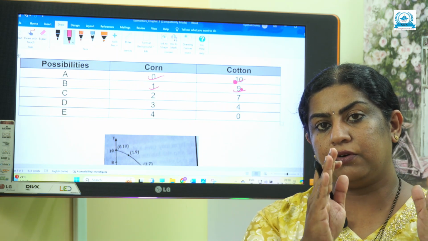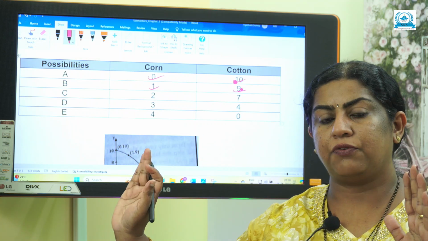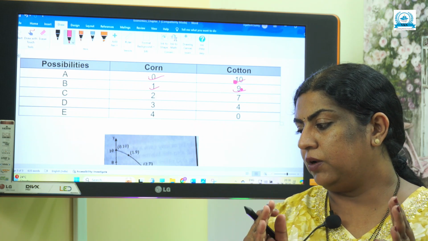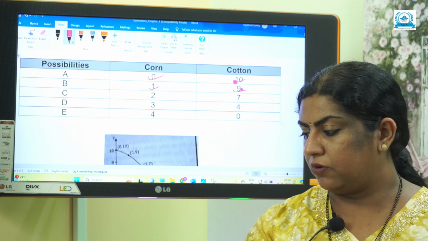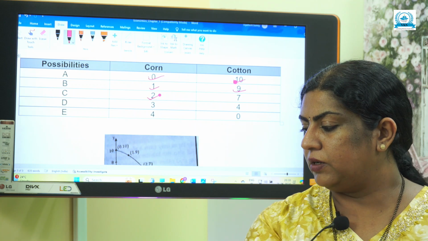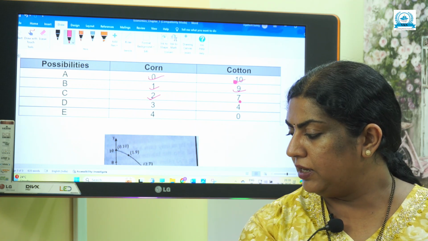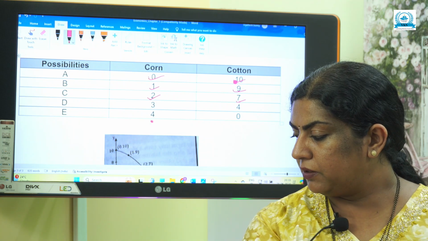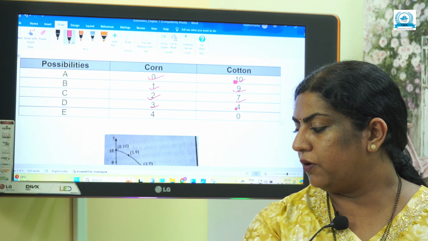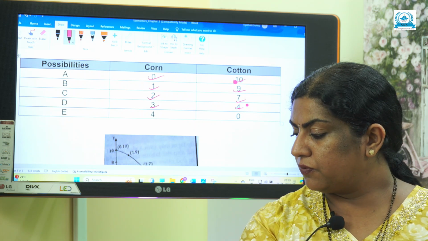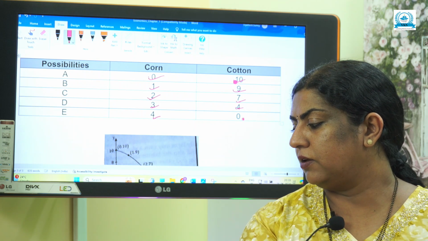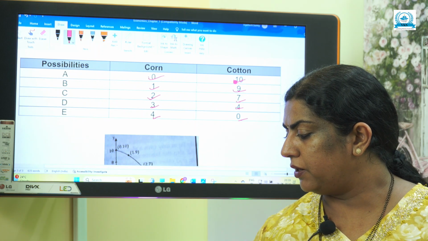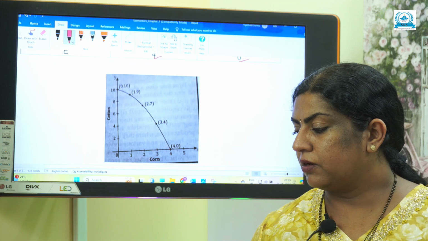When there was 0 units of corn, 10 units of cotton was produced. But when you divide it, another combination is 1 unit for corn and 9 units for cotton. Or if you use 2 units for corn, then you will have only 7 units of cotton. Or for example, 3 units of corn, then 4 units of cotton. If you use 4 units for corn, then 0 for cotton. So these are the different combinations by which you can use the resources.